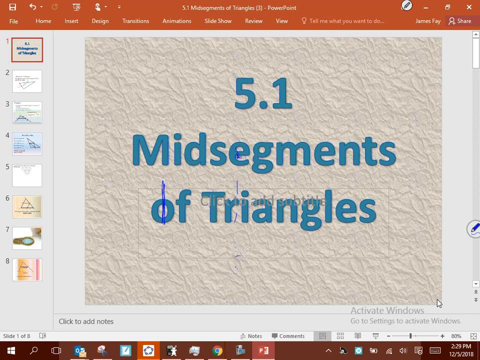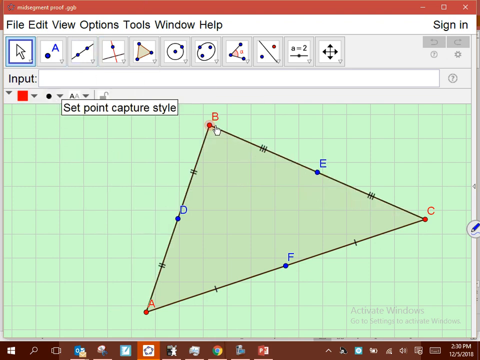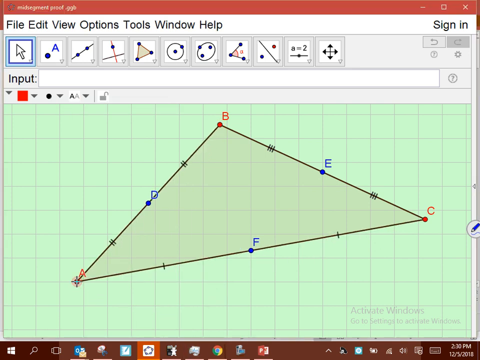Okay? So, 5-1, the first thing we talk about is mid-segments of a triangle. Mid-segments of a triangle. That's the title of this section. And I want to ask you this question. If I look at triangle ABC, or any triangle ABC, we're going to move these around, but I want you to tell me what you know about those blue points.